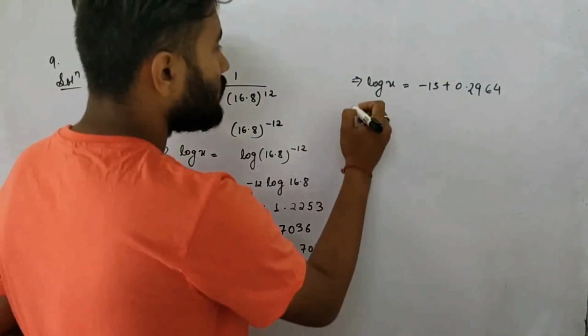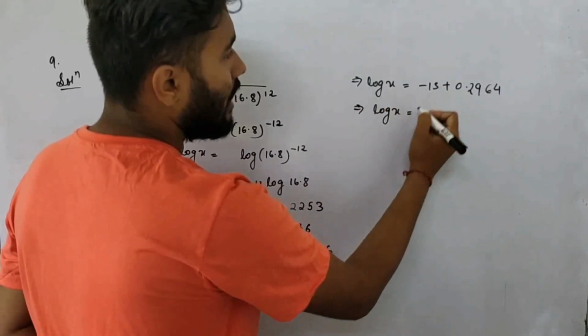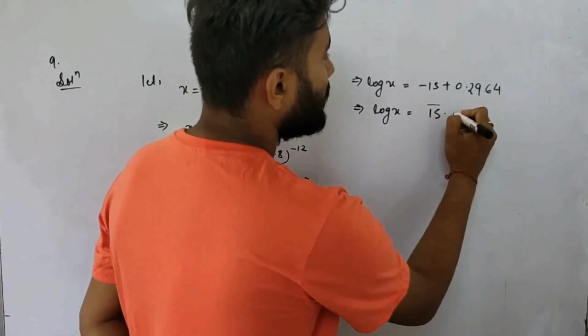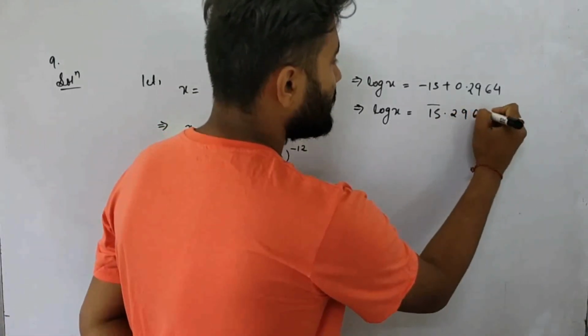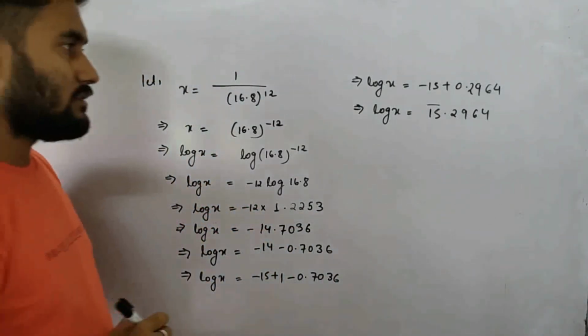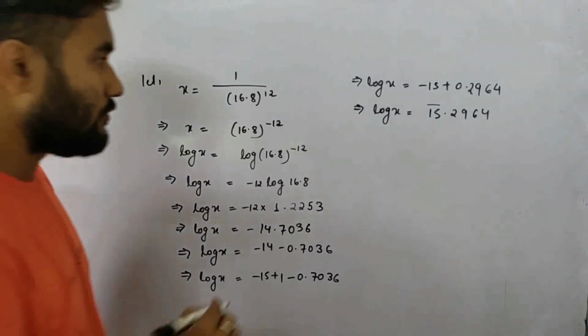Okay. So which implies log of x will be equal to, now how will I combine this? 15 bar, 0.2964. Understood? So now what is the characteristic over here? 15 bar, or you can say minus 15 also.